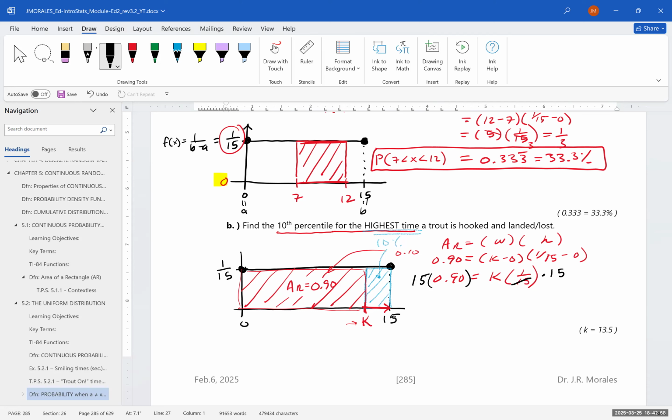The 15 in the denominator cancels with the 15 in the numerator, leaving only K. And 15 times 0.9 gives us 13.5. So 13.5 seconds is the 10th percentile for the highest time a trout is hooked and landed or lost.